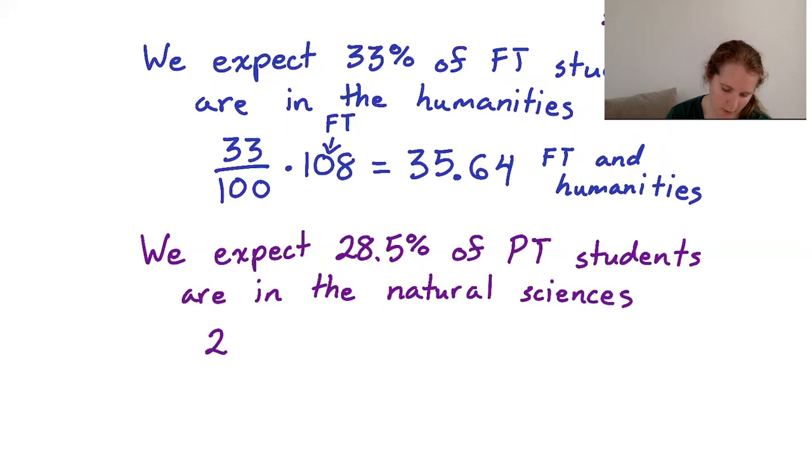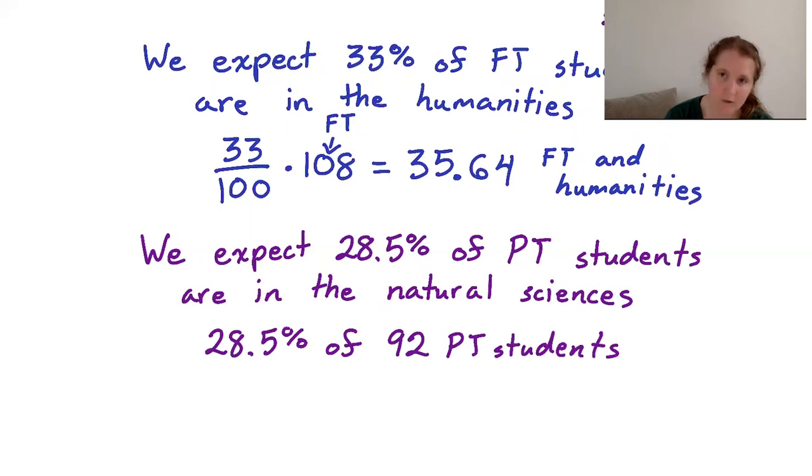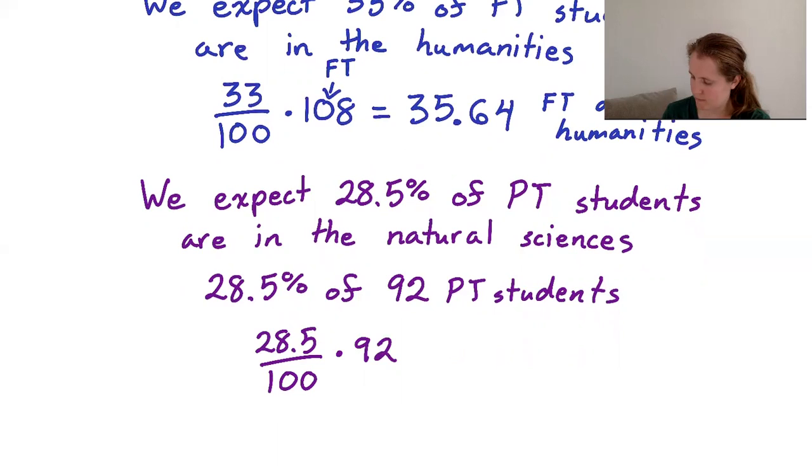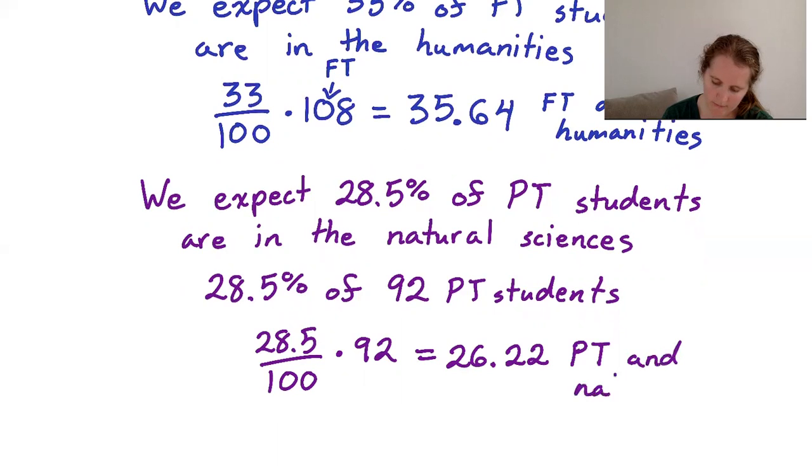So we would do 28.5% of the 92 part-time students, or 28.5 over 100 times 92. And if we do that, we get 26.22. So this is 26.22 for part-time and natural sciences.